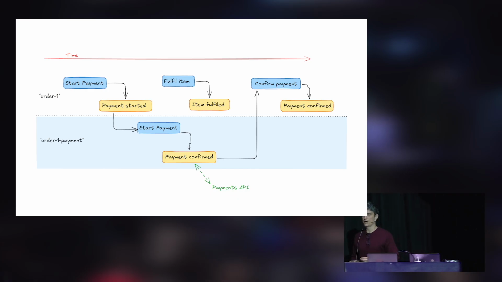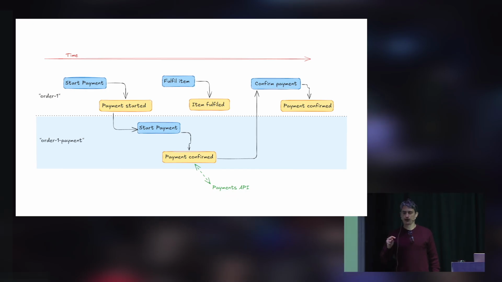So in this case, what happens is that when I'm ready to pay, I start the payment process that emits the payment started event. And then I have something in my code that will react to that payment started event and spawn off a new stream called order one payment that will run concurrently from the parent order, doing its own thing. It will have its own life cycle of commands and events.